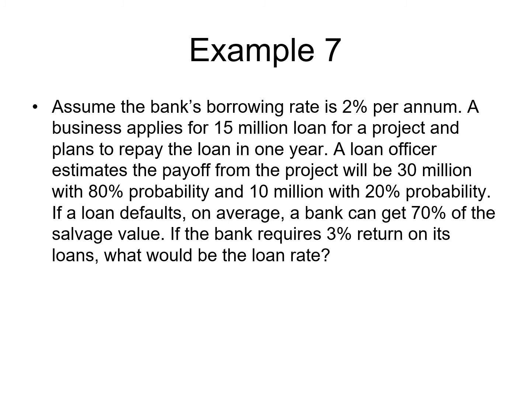If a loan defaults, on average, the bank can get 70% of the salvage value. If the bank requires a 3% return on its loans, what would be the loan rate?